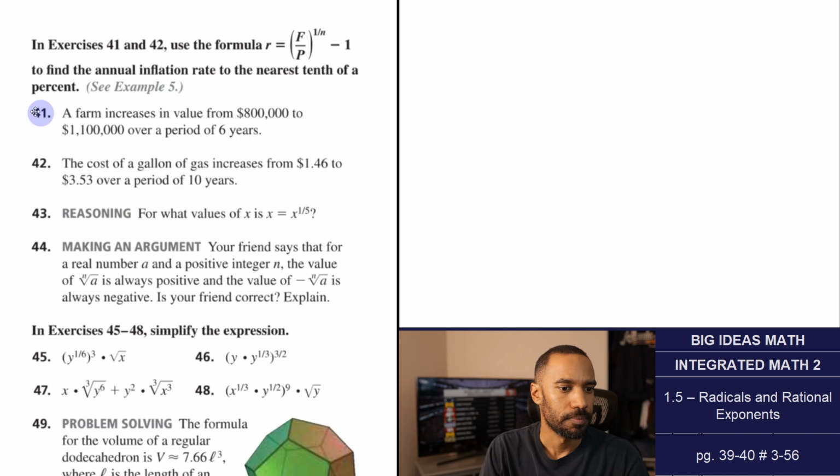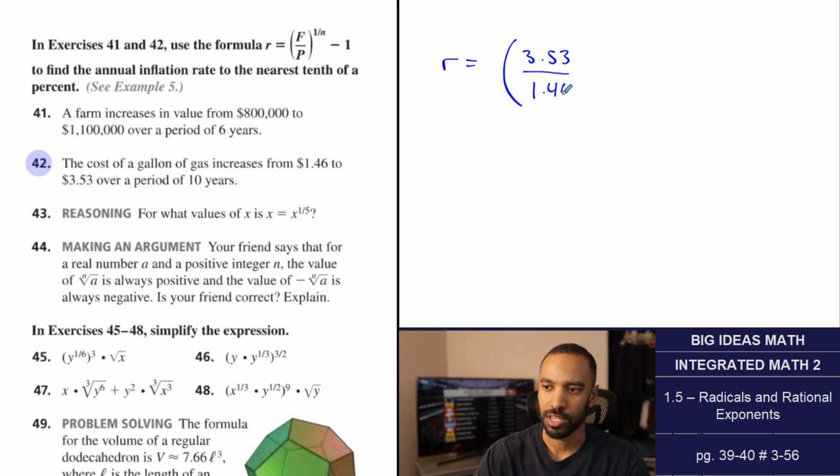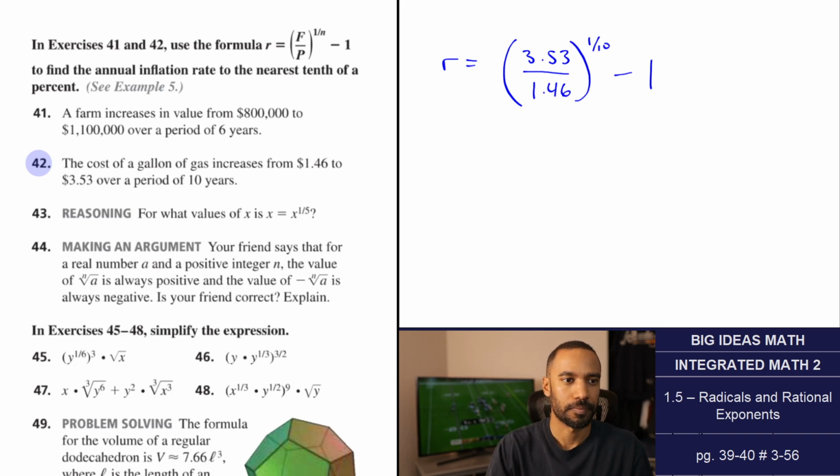Same thing on this one. The cost of a gallon of gas increases from $1.46 to $3.53 over a period of 10 years. So let's identify again. The final is $3.53. The principal is $1.46. Principal means initial. To the 1/10 power minus 1.